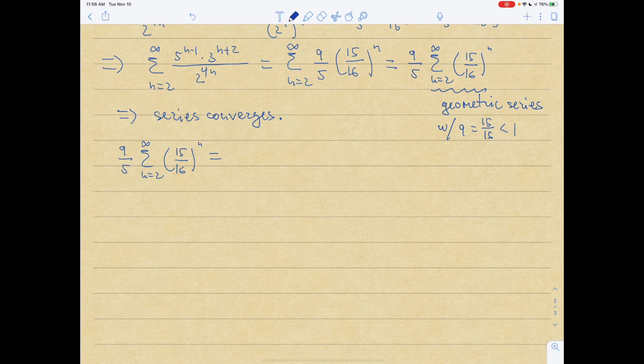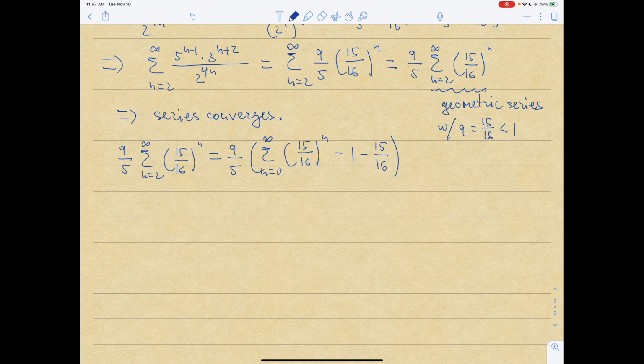So this is going to be 9/5 sum from 0 to infinity of 15/16 to the n. But I actually need the sum not from 0 to infinity, but from 2 to infinity. So that means that I need to remove from this the first term. When n is equal to 0, that's 1. And then I need to remove so I'm removing a 0th term and the first term. So minus 1 minus 15/16.